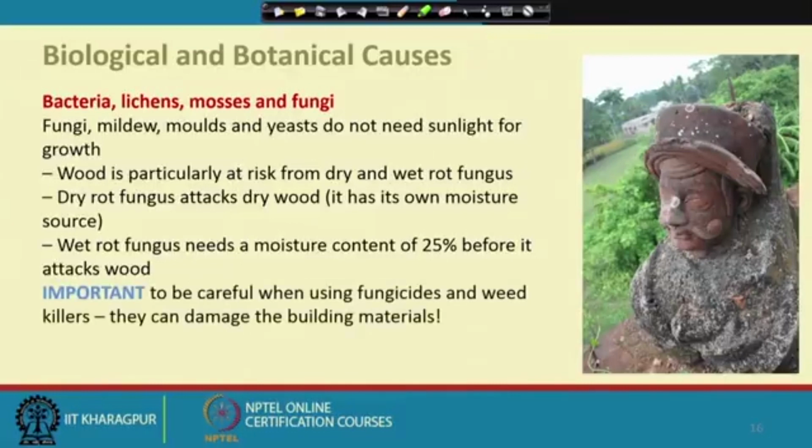What is important is to be careful when using fungicides and weed killers. Again and again I am saying, it's very easy to go and buy something and use the fungicide, but it can also be damaging to the building materials and a very precious fabric, probably irreversibly.